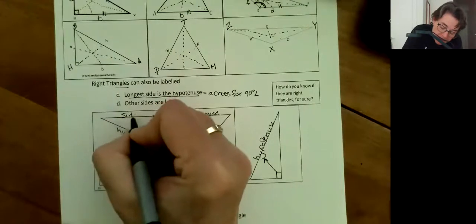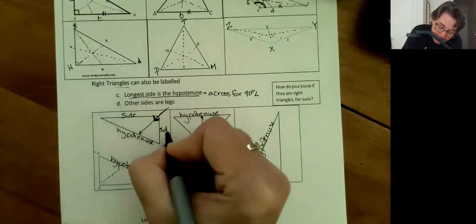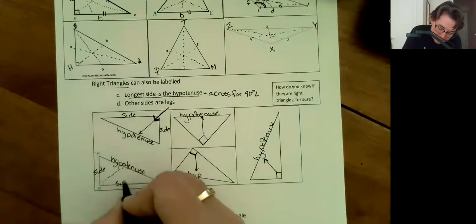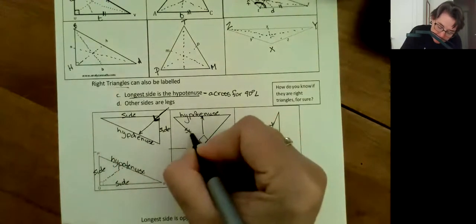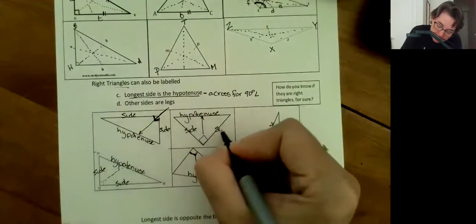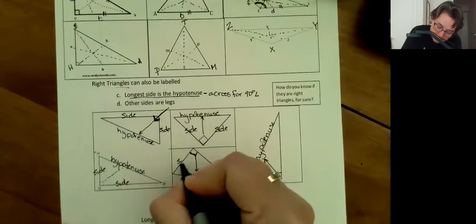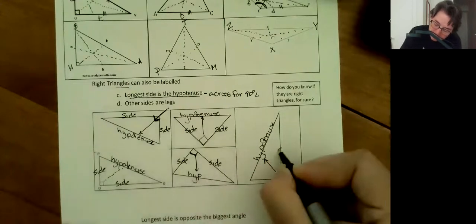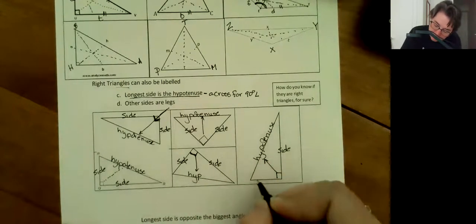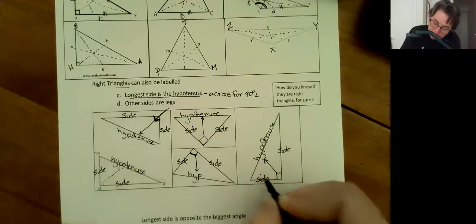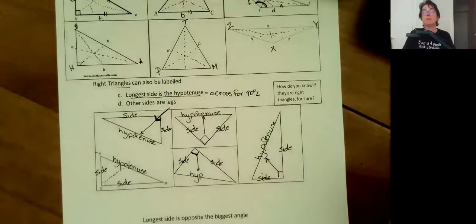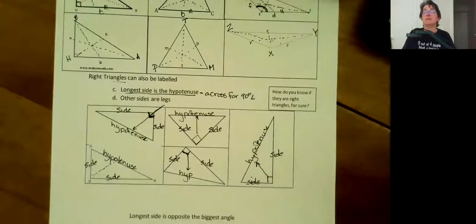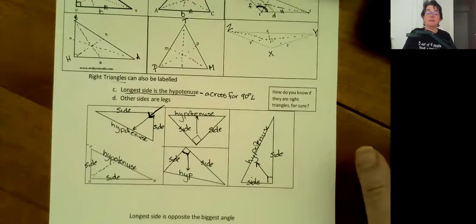So this is a side, and this is a side, and this is a side. And ta-da. Most of the time when you do these questions, you actually don't even have to label the sides. As long as you know which one is the hypotenuse, you are gold.